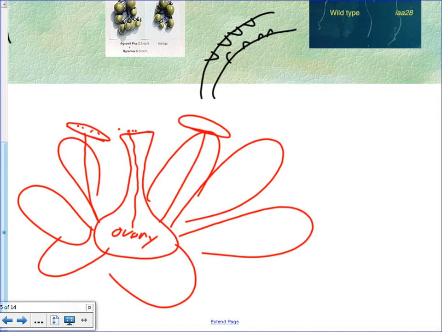When the egg is fertilized, the plant can now make a seed, and it encases it in fruit. The fruit is designed to have the seeds be spread out. Animals come along, eat the fruit. We talked about this already, right? They eat the fruit, and then they take the fruit elsewhere, and they poop it out, and then the seeds are in the poop. So this is how this process happens.